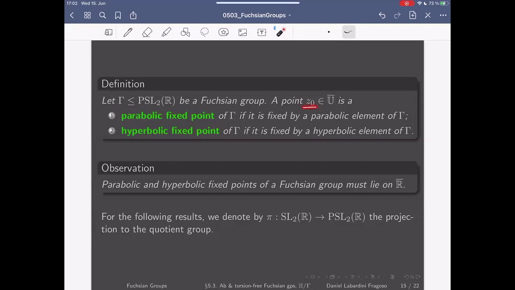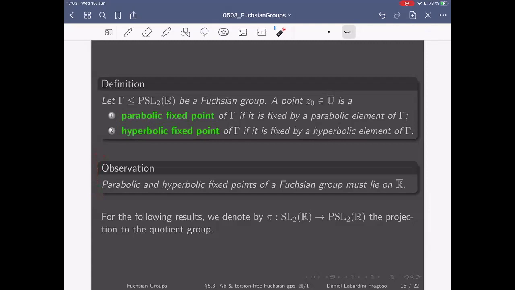Now we can also look at parabolic or hyperbolic fixed points. We call a point in U bar a parabolic fixed point if it's fixed by a parabolic element of gamma, and a hyperbolic fixed point if it's fixed by a hyperbolic element of gamma.